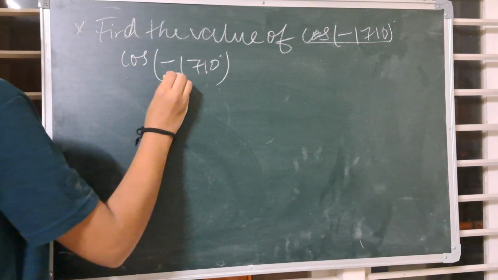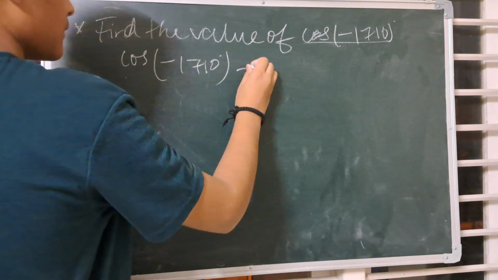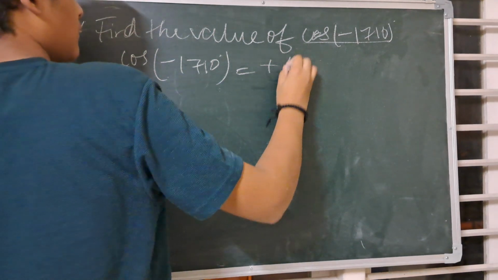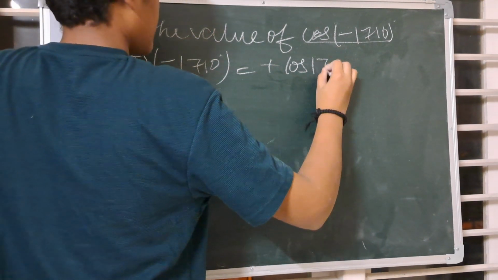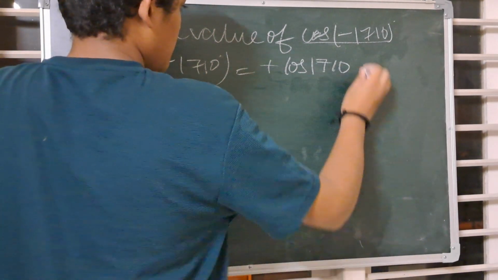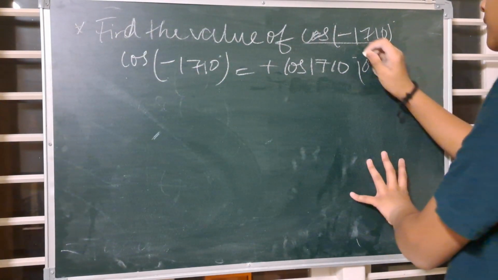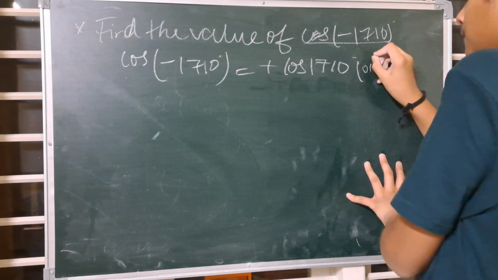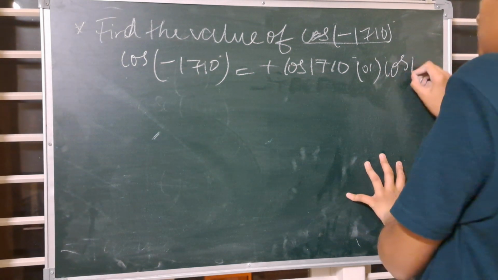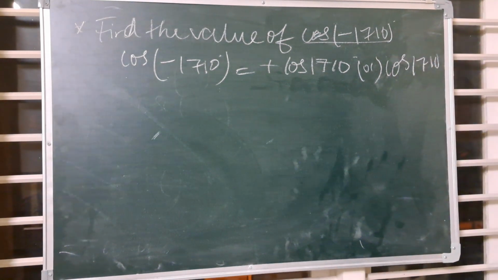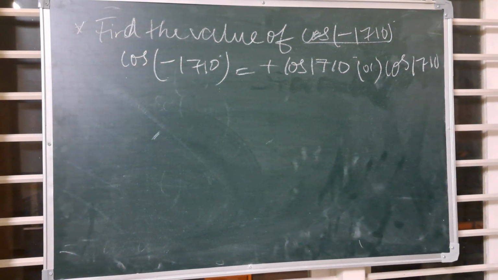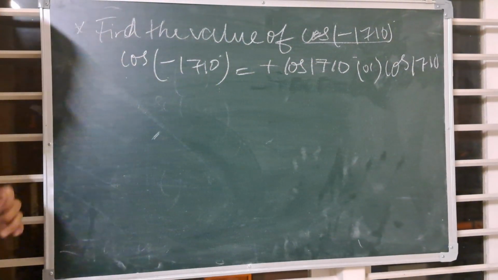Now cos of minus theta is positive cos 1710, or this can also be written as just cos 1710.